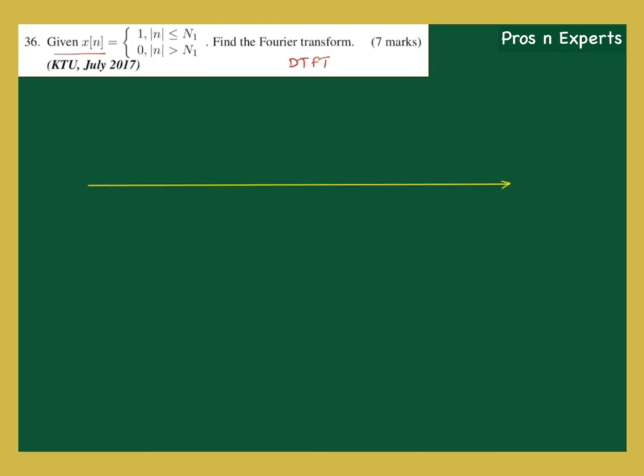For a fair answer, we can always try to plot the signal at least roughly, because otherwise you may end up with the wrong answer. So without taking much time, you can plot the signal. The signal will come something like this.